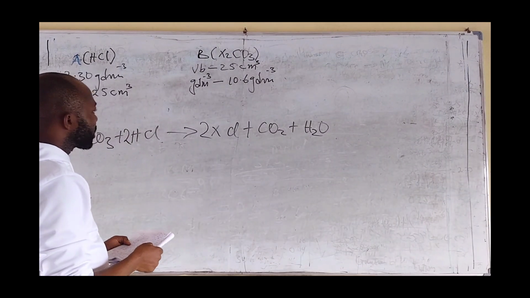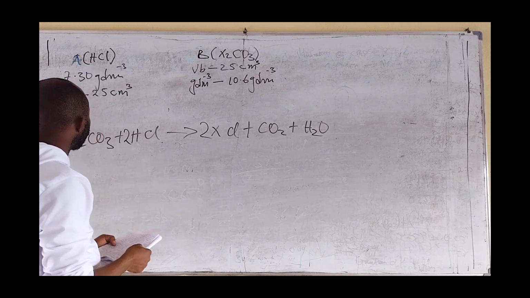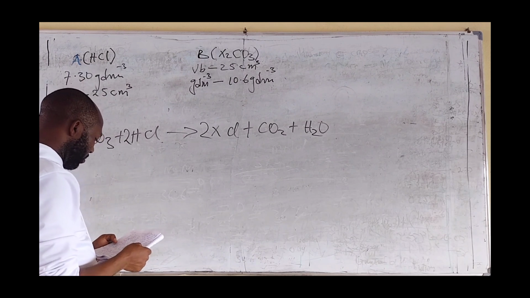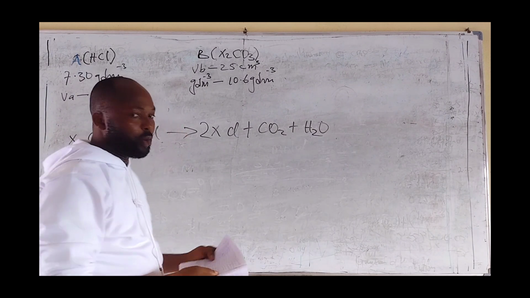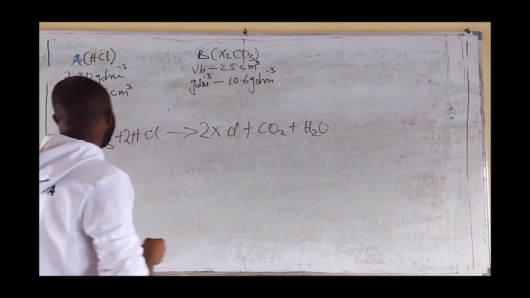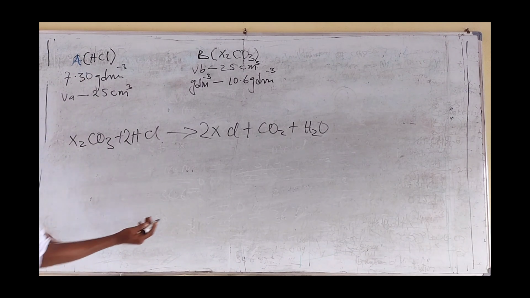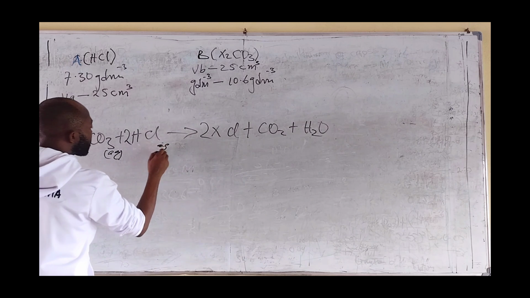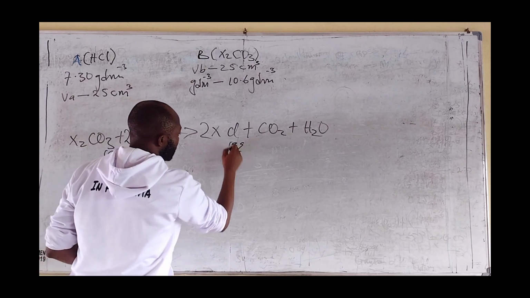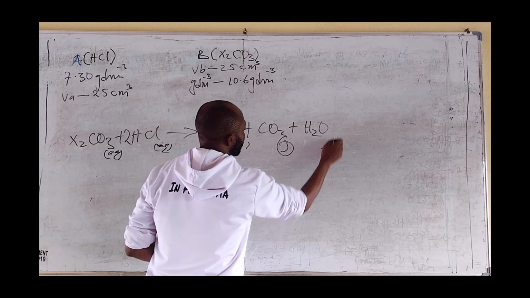Now, let's proceed. From our calculations and information, we should calculate the concentration of A in mole per dm cube. Remember the states. I may not be putting them here, but you should know that this is aqueous, gas, and liquid.